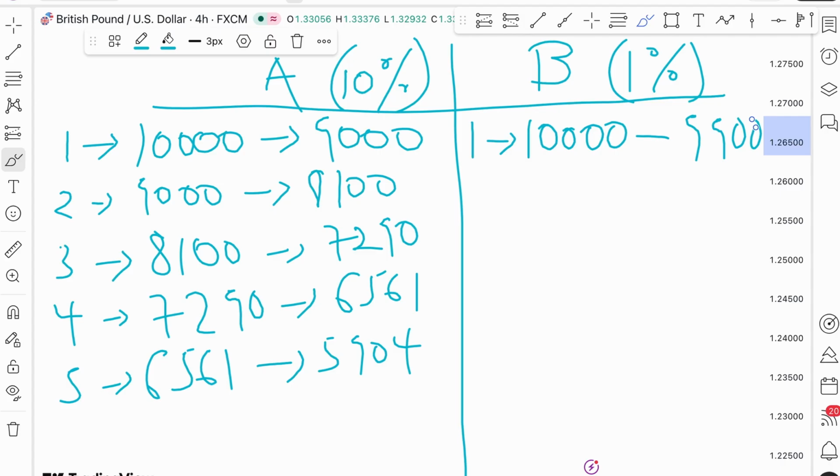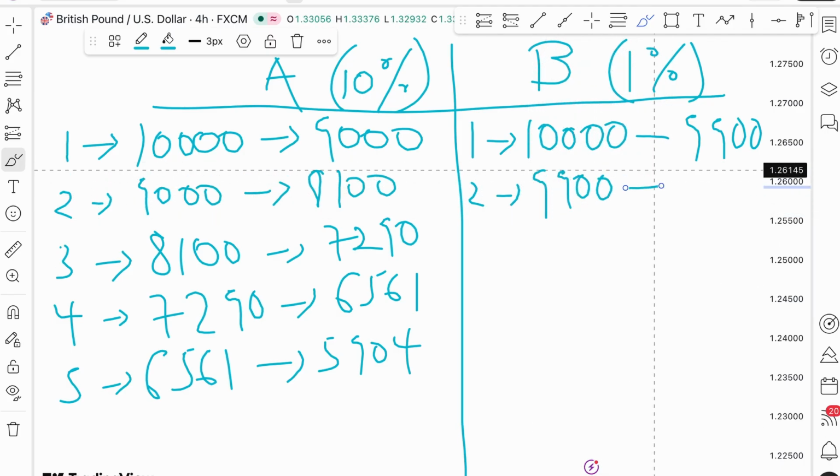The second scenario will be 9,900 as our next balance. In this case, 9,900 less 1%, which gives us $99.